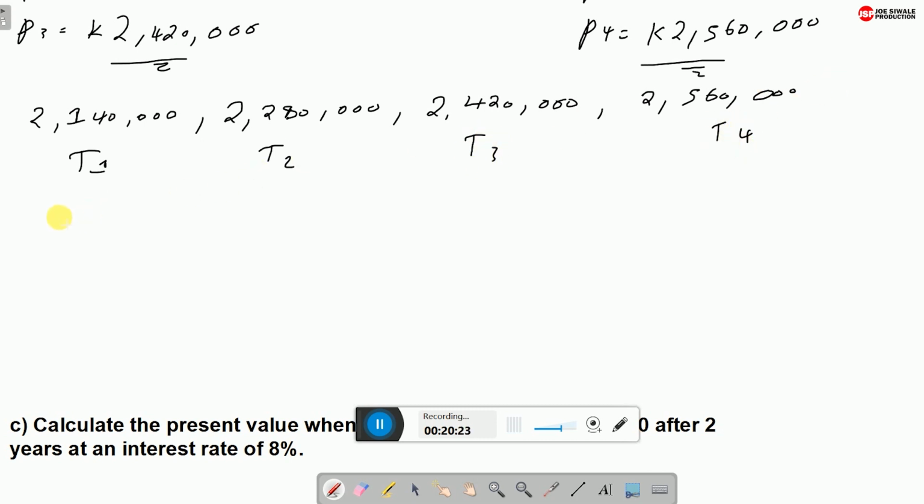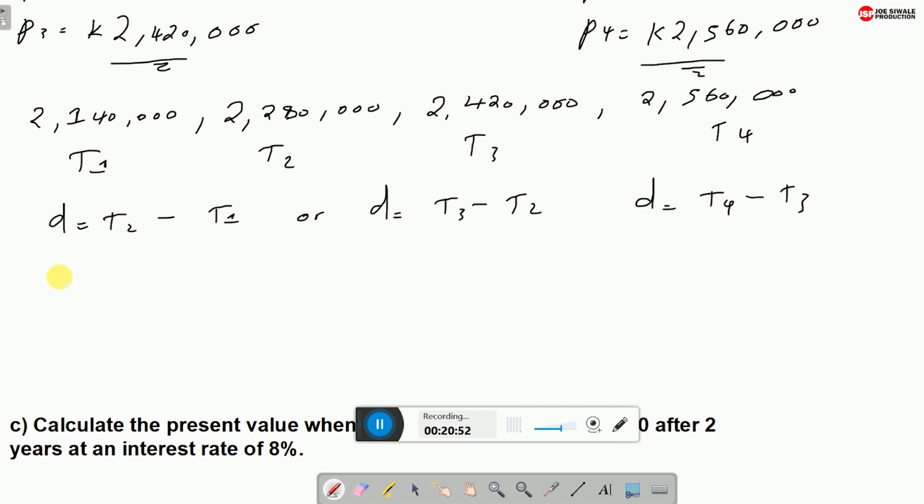To calculate the common difference, we can say T2 minus T1, or the common difference is equal to T3 minus T2, or T4 minus T3. And the numbers that we find in all these circumstances have to be the same.